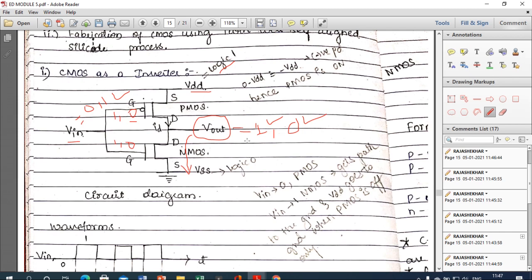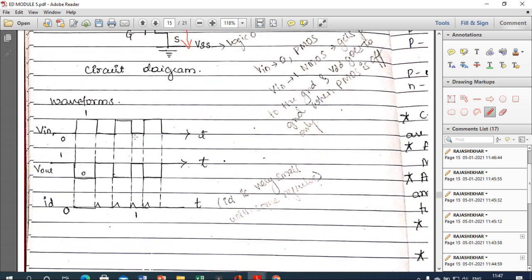When input is 0, output is 1. When input is 1, output is 0. This depends on the PMOS and NMOS connection. Another thing I can say is that these waveforms are used to represent the function of the inverter.